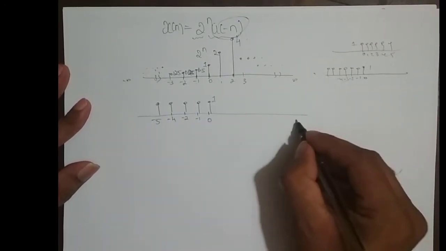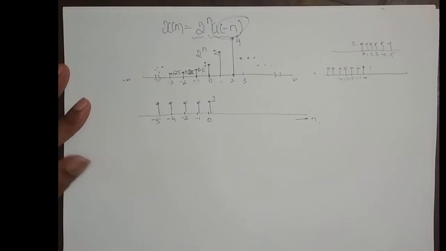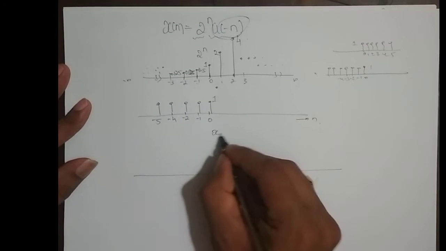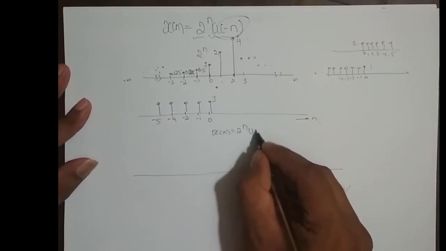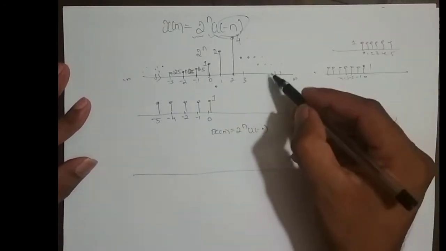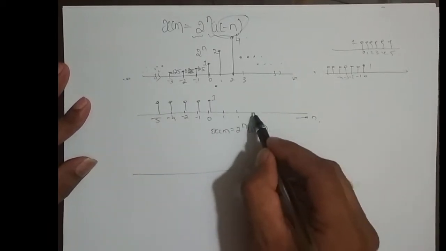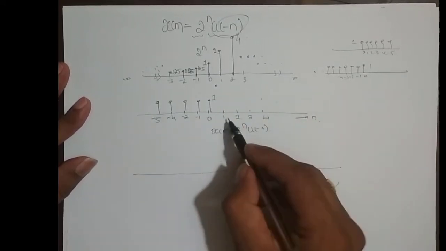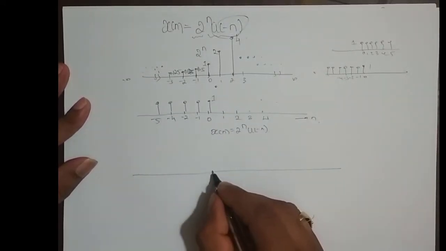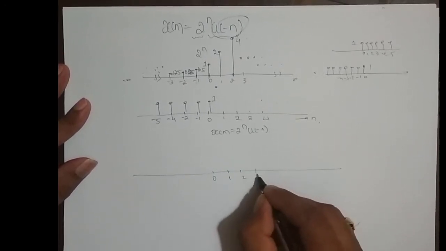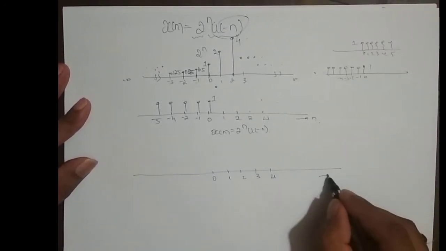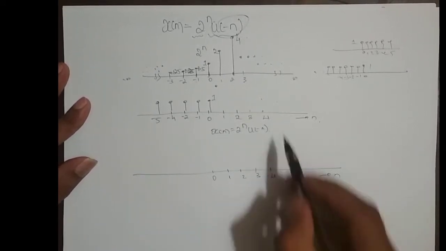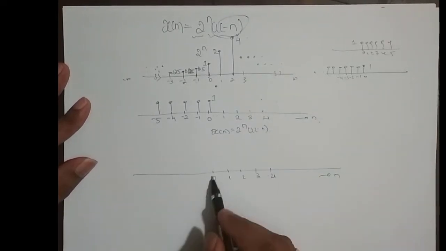Okay. So when I multiply these two, what happens? I get x of n, which is 2 power n u of minus n. On the positive side, when n equals 1, 2, 3, 4 till infinity, the amplitude is 0, since 0 multiplied by any signal is 0. Whereas on the negative side, the signal is 1, so I get the same sample.